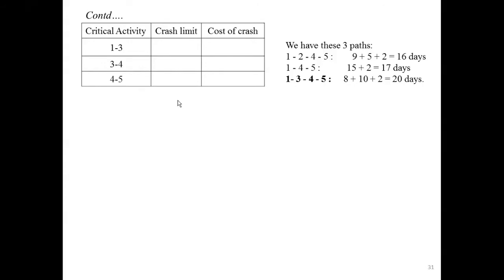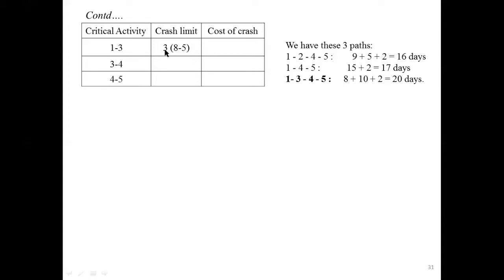Corresponding to the critical activity 1 to 3, the problem gives the crash limit. The crash limit for 1 to 3 is 3, which is the difference between normal duration and minimum duration, given in the columns. 8 is the normal duration and 5 is the minimum duration, so 8 minus 5 gives 3.